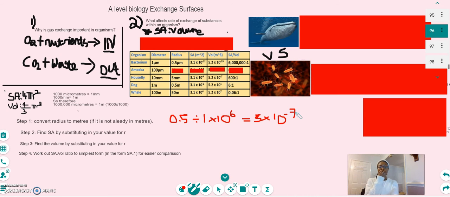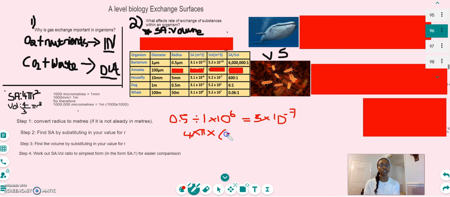Okay, good. So for step 2, to find out the surface area, we need to substitute our value for r. So we worked out r in terms of meters, and we need to substitute this into this equation. So essentially we're doing 4 times pi times the radius, which is 5 times 10 to the power of minus 7.